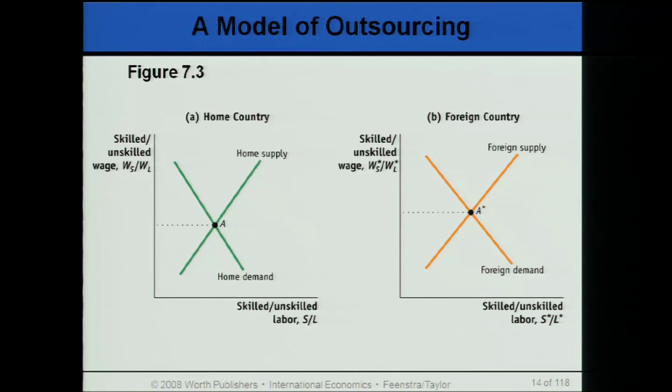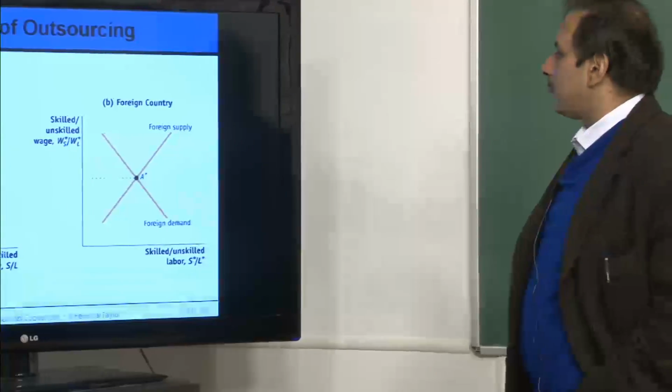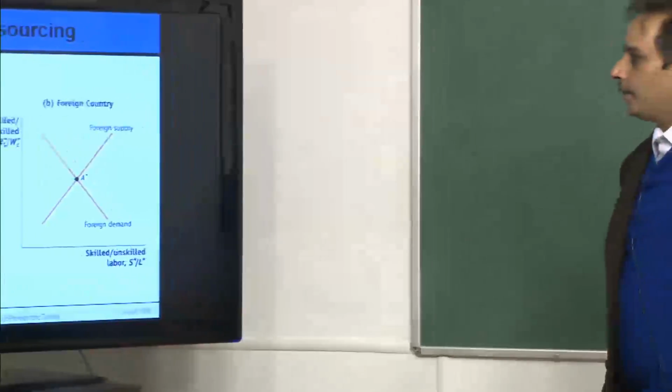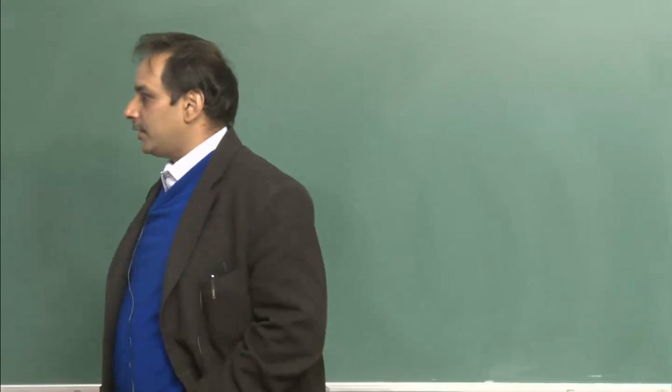which will tell you how the relative wage rates are determined. Now if you see, on the left side is home country's example, on the right side is the foreign country. Home country is skilled intensive, foreign country is unskilled intensive.